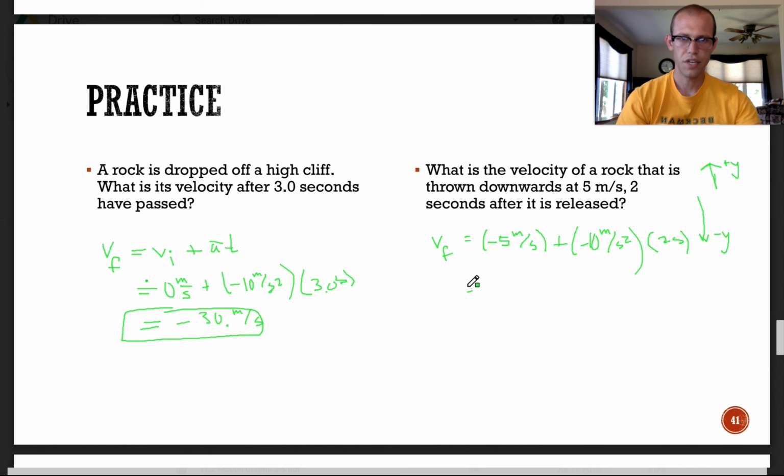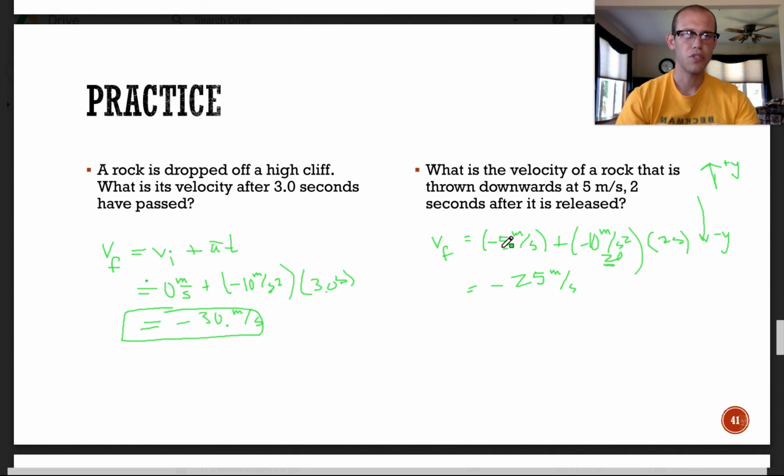So when I do these calculations, I'll have negative 20 right here, plus negative 5, which is negative 25 meters per second. Looking at sig figs, I have only one sig fig here. It's actually going to give me out the number 20, which goes to the 10s place value.